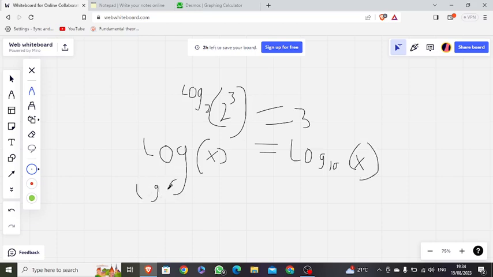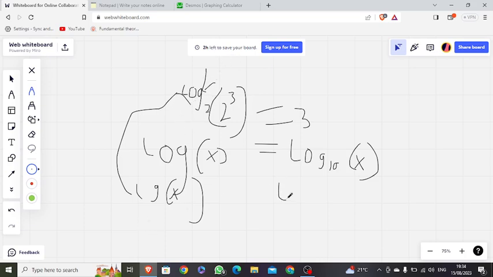This is a bit ugly, unfortunately, but if x were to equal 2 to the power 3, it would go to this. So LG of x corresponds to log base 2.